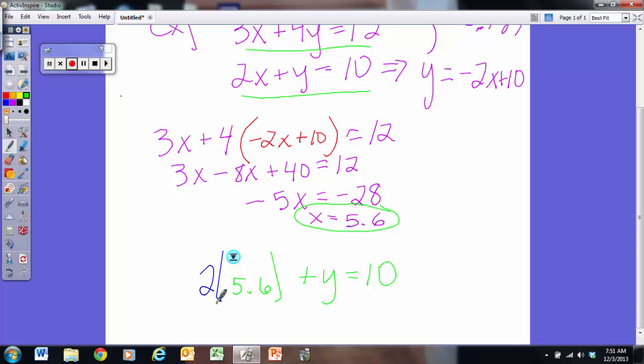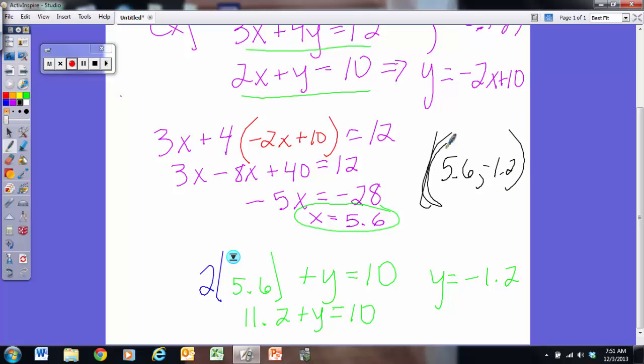Now I'm solving for y. 2 times 5.6 is 11.2. Solve for y, subtract 11.2 from both sides, and y equals negative 1.2. So the solution to this system of equations is 5.6 comma negative 1.2.